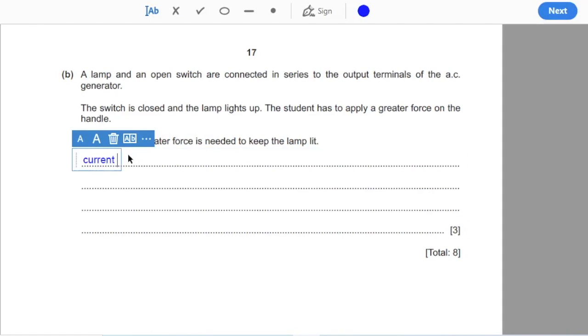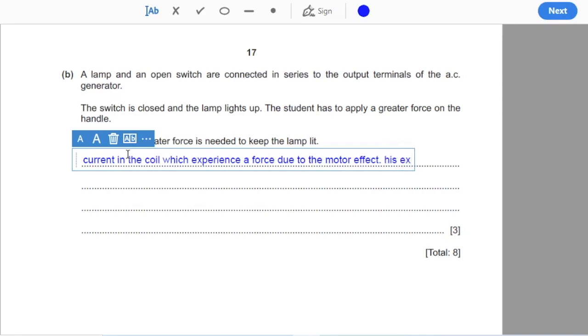So there is current in the coil which experiences a force due to the motor effect. So the force which is being exerted by the student will be opposed by this force, so he has to put a greater force.